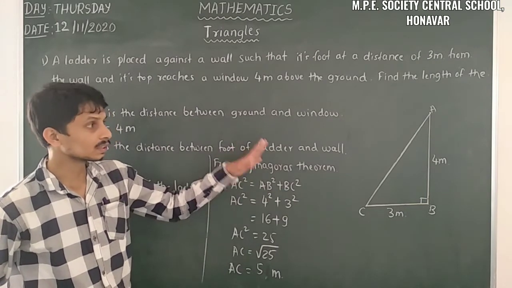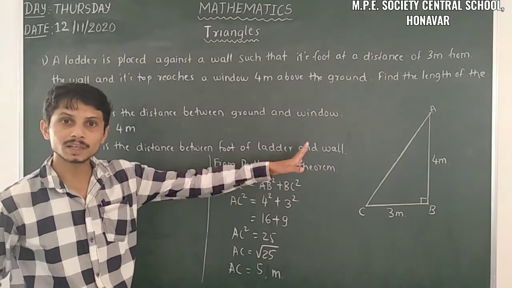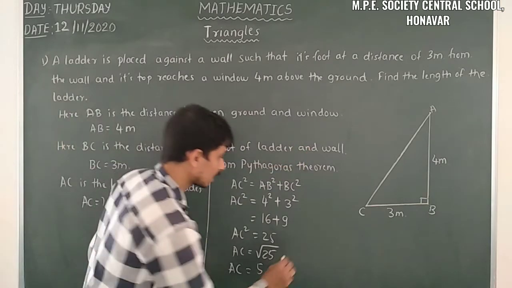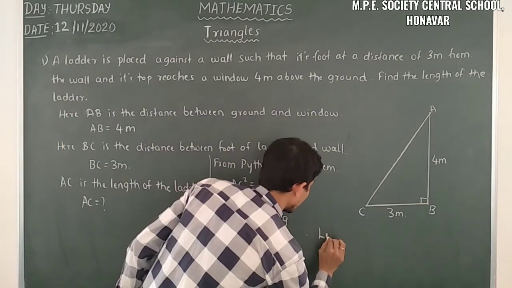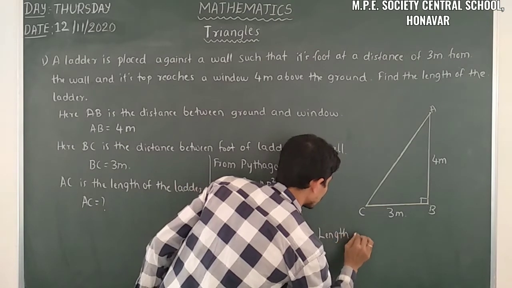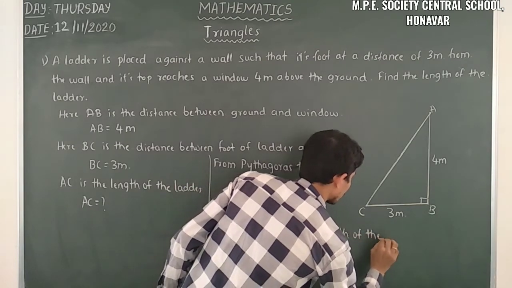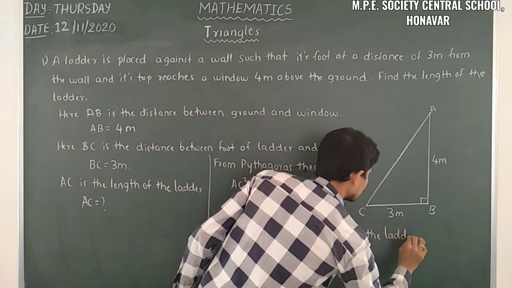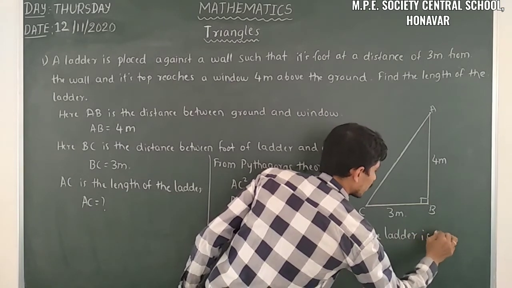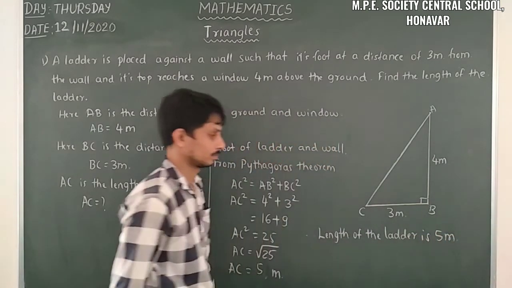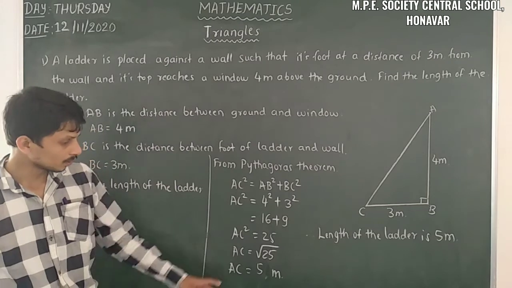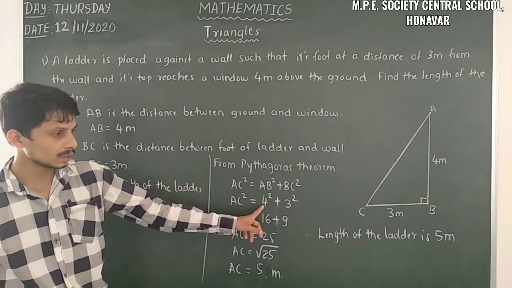Therefore, the length of the ladder is 5 meters. Just observe here 3, 4 and 5.